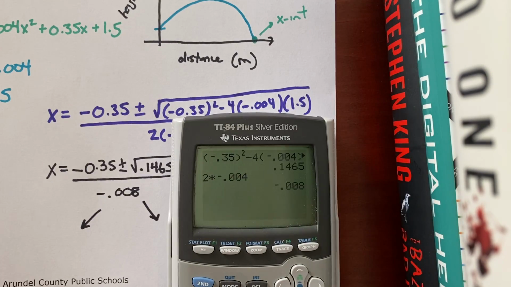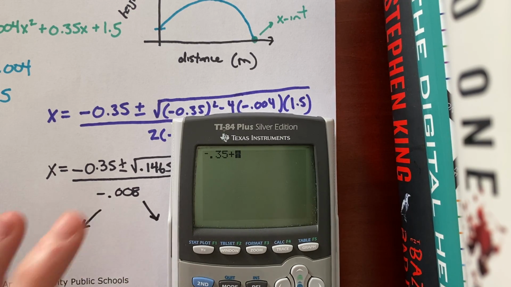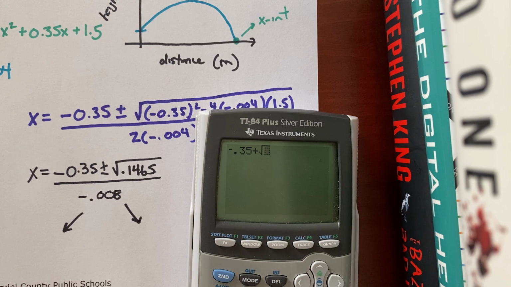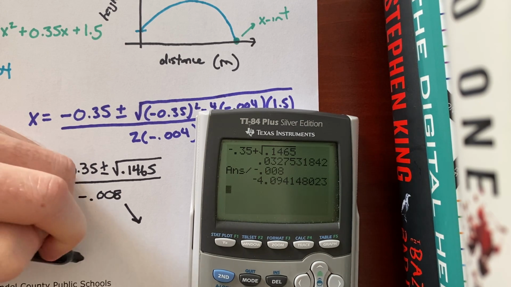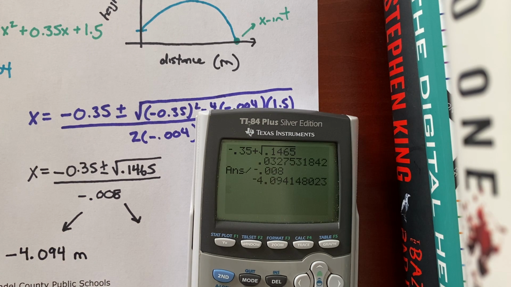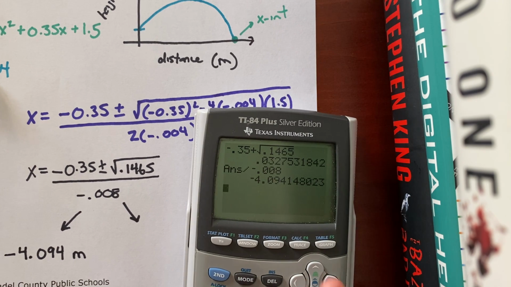Okay, so we have negative 0.35 plus the square root of 0.1465, enter, and then divide that by negative 0.008, and we get negative 4.094, and this is meters. That does not make sense. You cannot throw a javelin negative 4 meters. So obviously the next solution is going to probably be my correct one, hopefully.